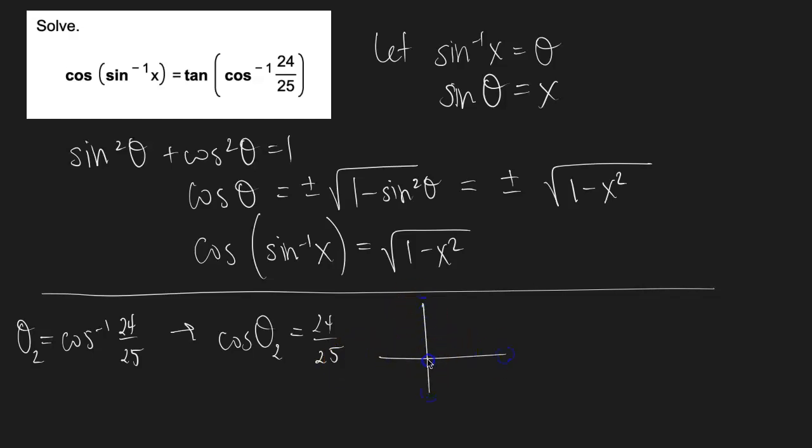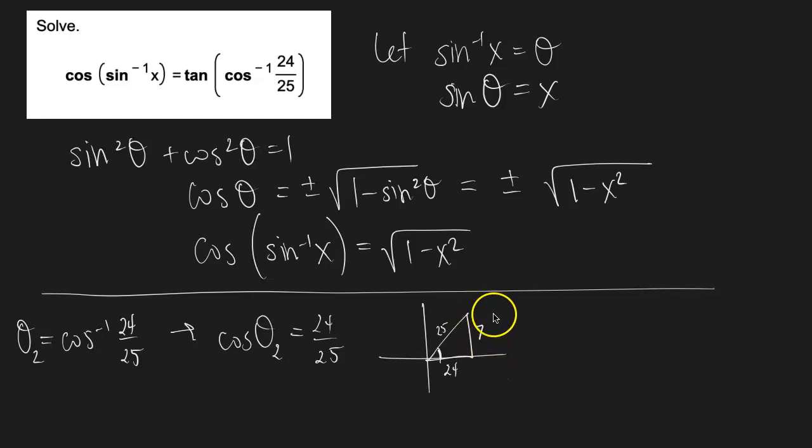So just to make a quick little sketch here, here's my theta sub 2 right here. I know that the cosine of theta is adjacent over hypotenuse in reference to this particular acute angle here. So that means this side must be 24, the hypotenuse is 25, and now I can use the Pythagorean theorem to solve for the missing side there.